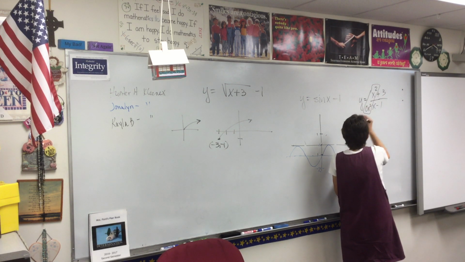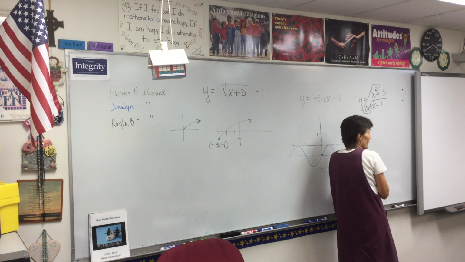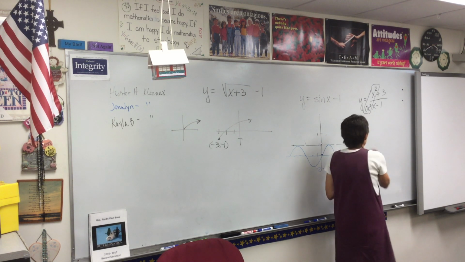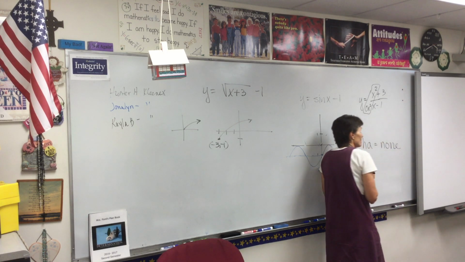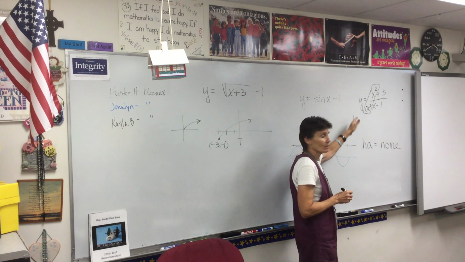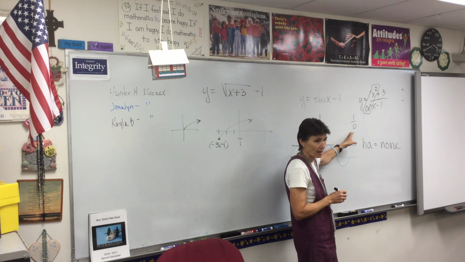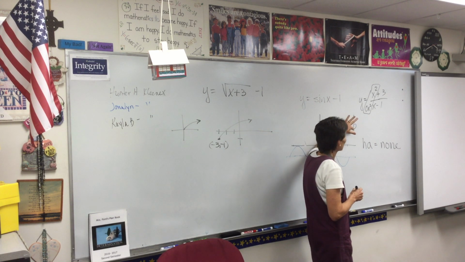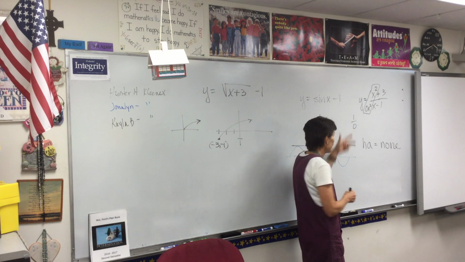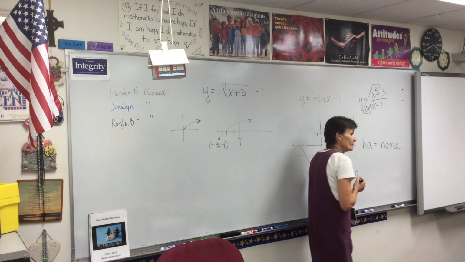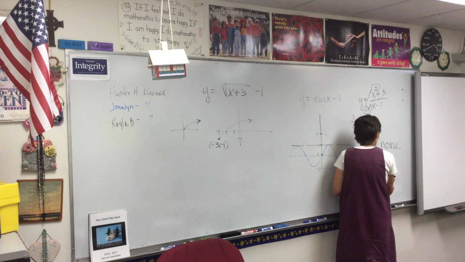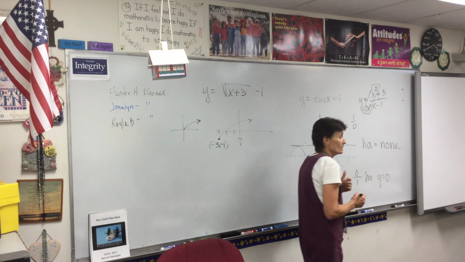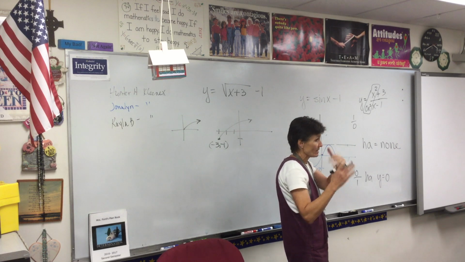You're going to get 1 over 0. And this is where you're going to miss it. Undefined. Yes, there is no horizontal asymptote, because 1 over 0 is not allowed. If it had been the other way around, and it had been 0 over 1, then the horizontal asymptote would be at y equals 0. So you've got to keep that straight in your mind.